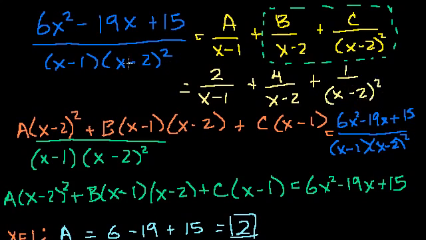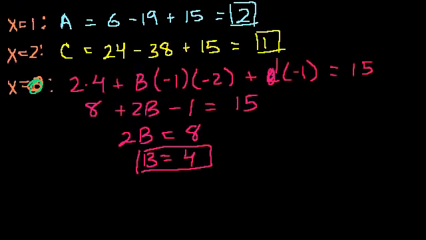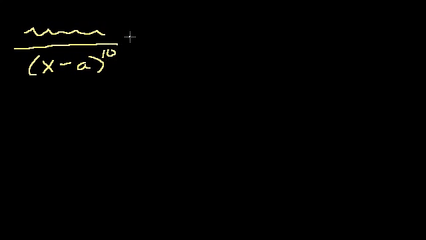And what we did with the repeated factor is true if we went to a higher degree term. So if we had some polynomial up there, and it was all over x minus some number, x minus a to the 10th power, if we wanted to decompose this partial fraction or expand it, it would be a over x minus a.